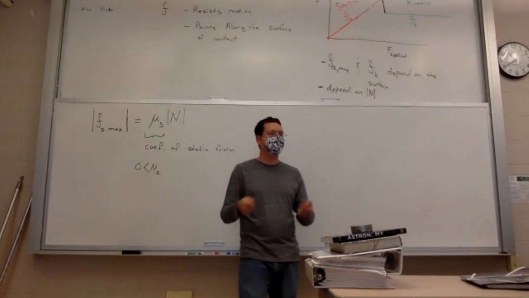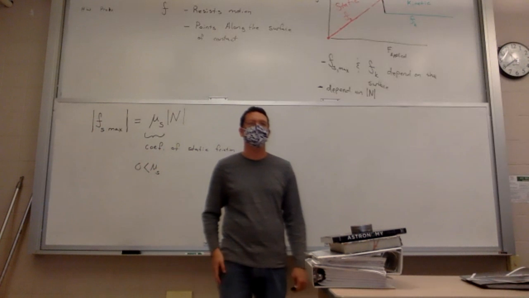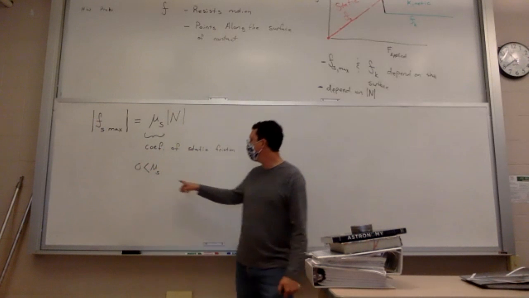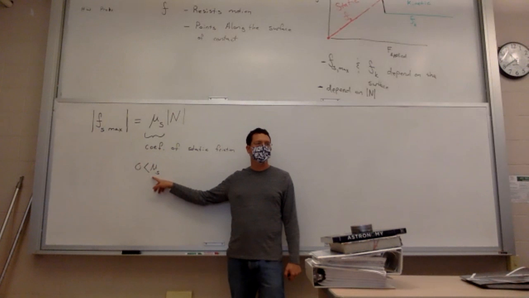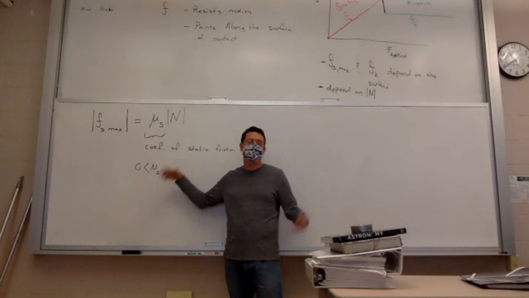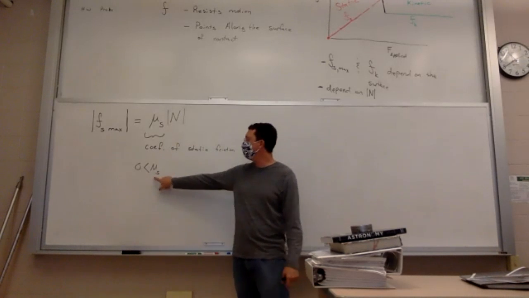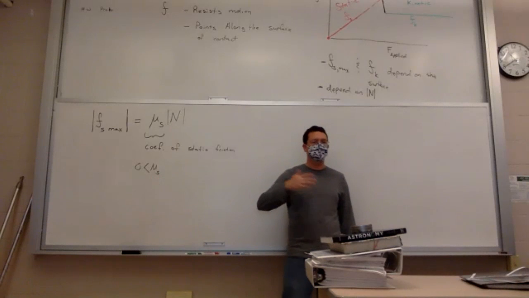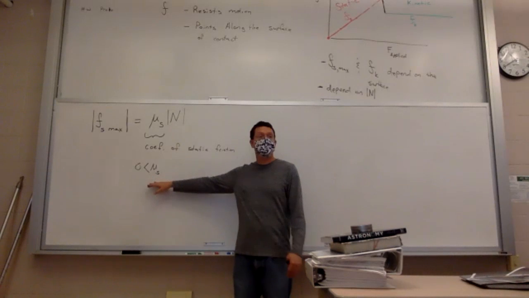It's just a different kind of paradigm. If you need to model something with an insanely large mu value, then it's probably not really friction anymore. You should think of it as glue or cement. But anyway, this number is typically between 0 and 0.5.